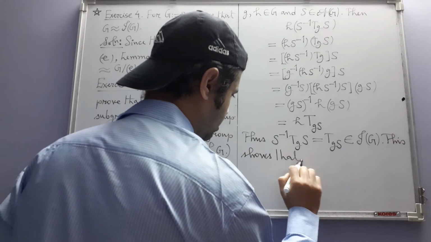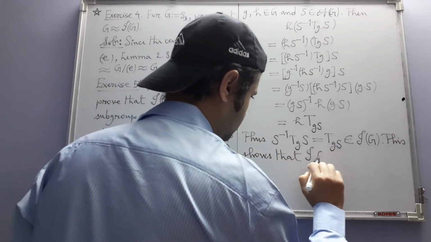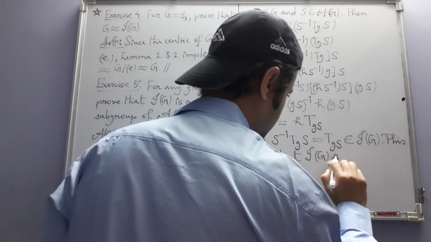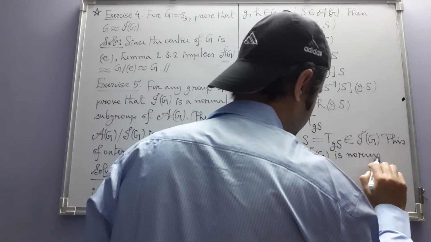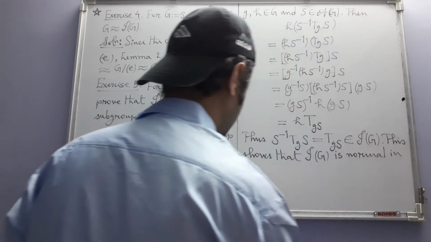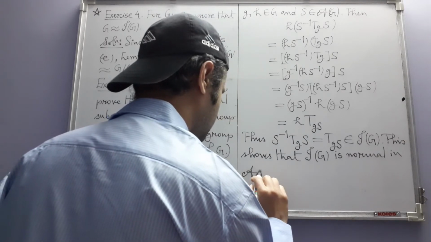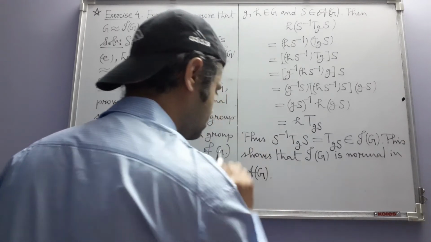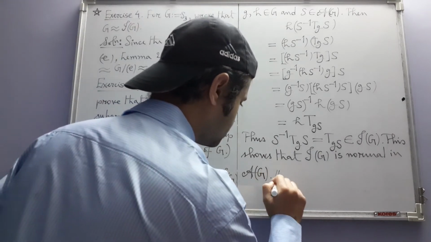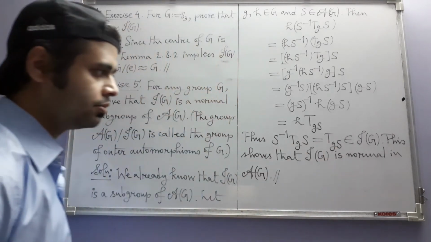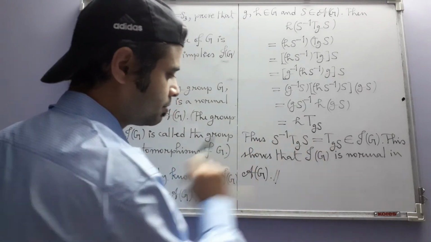This shows that this is normal in the automorphism group of G. This equation is very beautiful, this one.